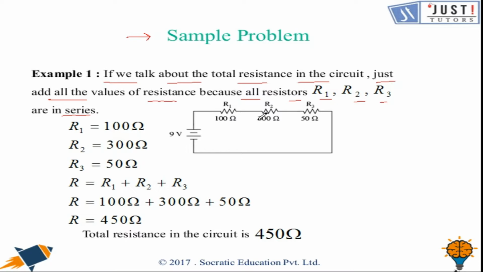R1 is equal to 100 ohms, R2 is 300 ohms and R3 is 50 ohms. To find the total resistance we add them all. 100 plus 300 plus 50 gives 450 ohms, so the total resistance in the circuit is 450 ohms. Let me tell you about this symbol. It is the Greek letter omega, used to represent the unit of resistance, termed ohm.